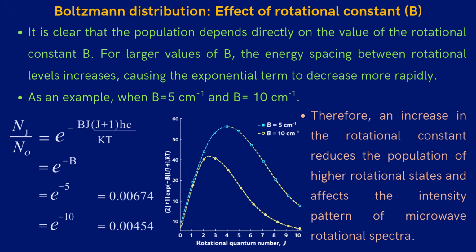As an example, consider B equal to 5 per centimeter and B equal to 10 per centimeter. The graph on the right compares population distributions for different values of B. It shows that molecules with larger rotational constants have fewer molecules in higher J levels. Therefore, an increase in the rotational constant reduces the population of higher rotational states and affects the intensity pattern of microwave rotational spectra.